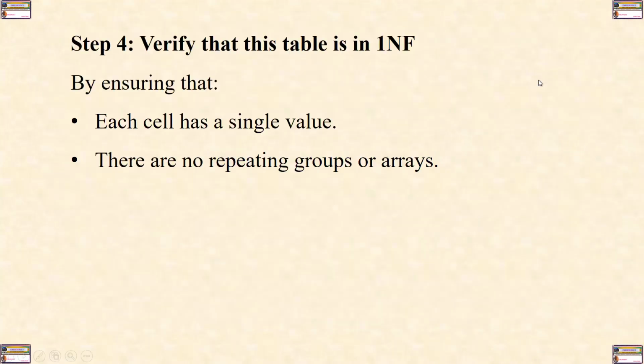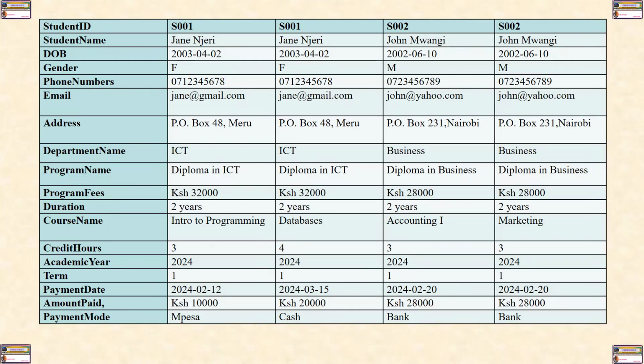The second thing you need to check is to ensure that there are no repeating groups or arrays. When I talk about repeating groups, I'm not talking about duplicating the record. I'm talking about having, for example, a field like a course name being repeated somewhere else. Because these are two courses, instead of having two separate records, like the way we have them, you could not merge them into specific fields.